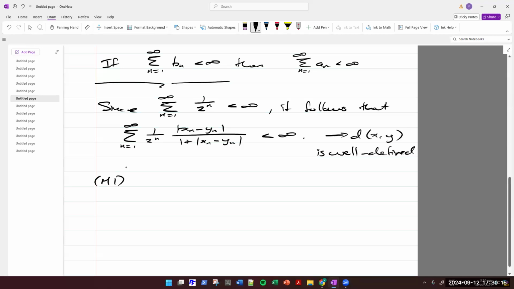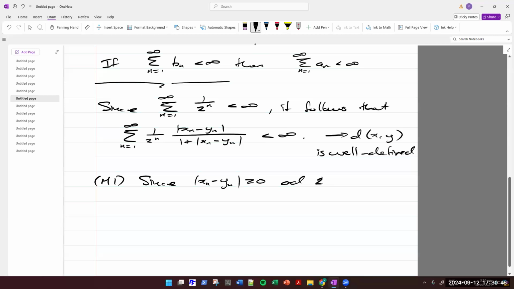So M1, is it non-negative? Since the modulus of xn minus yn is non-negative, the numerator and denominator are non-negative.